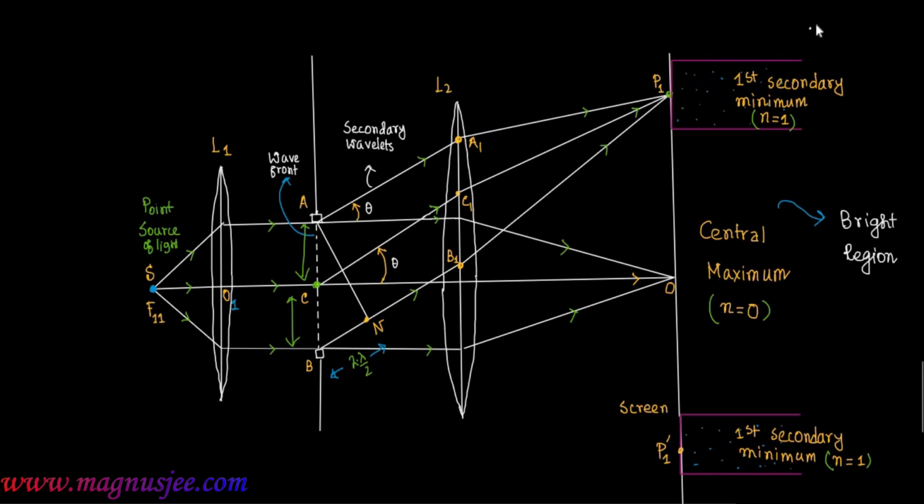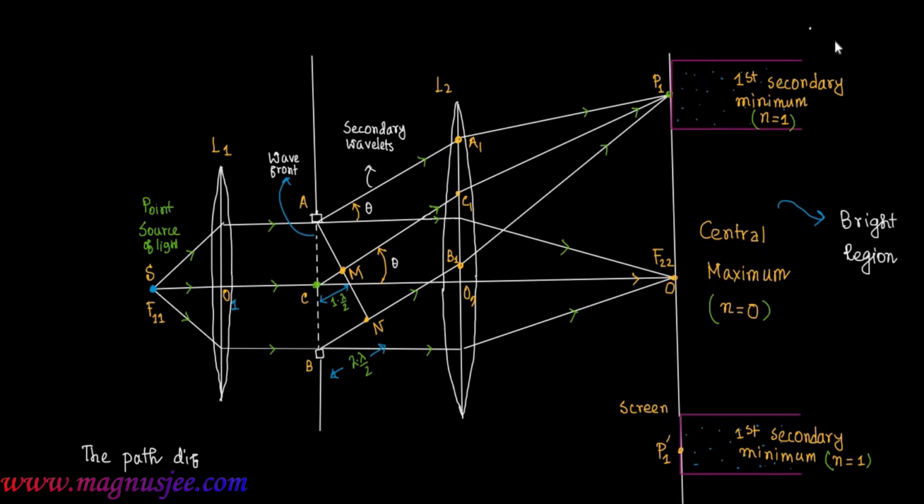As BN is 2 lambda by 2, the aperture AB can be divided into two parts, AC and CB, and the length of this part, CM, will be 1 lambda by 2.